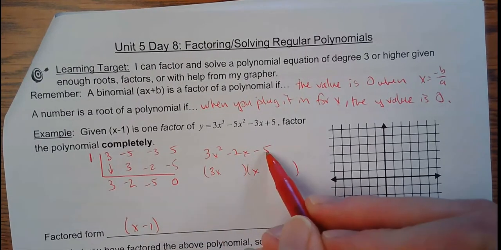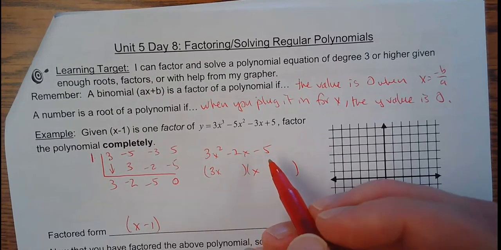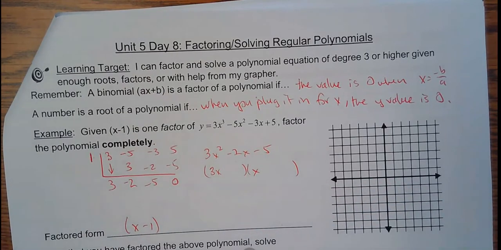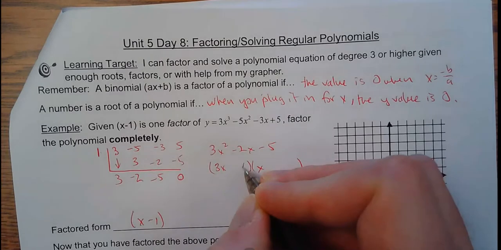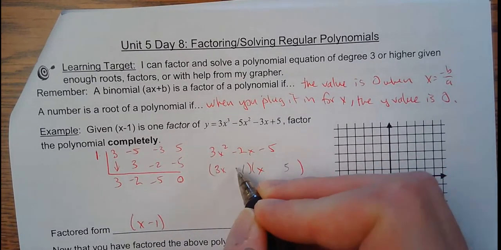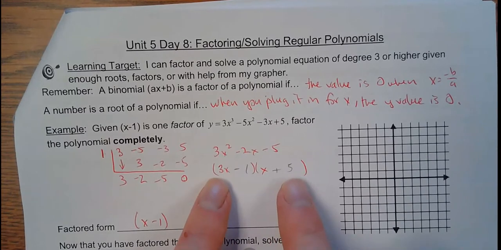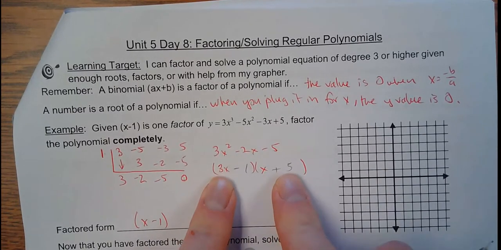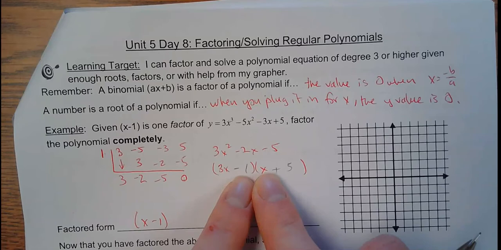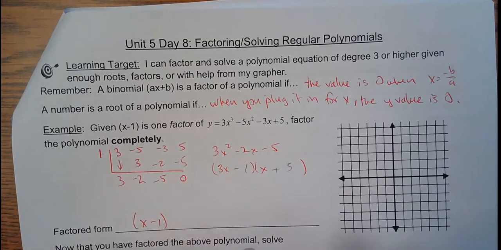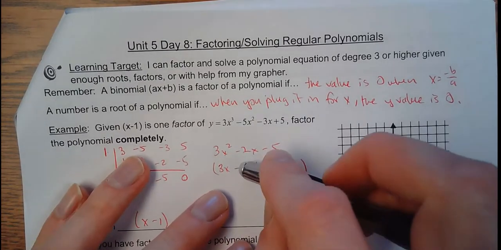So products of 5 would be 1 and 5. I'll use a pencil here first, because I might have to erase it. I could say 1 and 5, with a minus and a plus. So the outer product is 15, the inner product is negative 1. So 15 minus 1 is not negative 2.